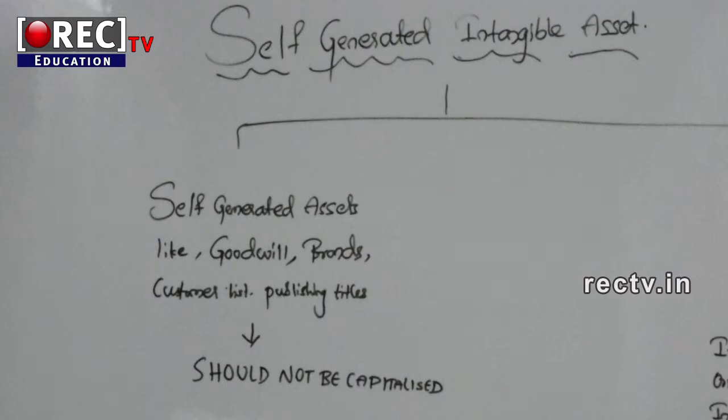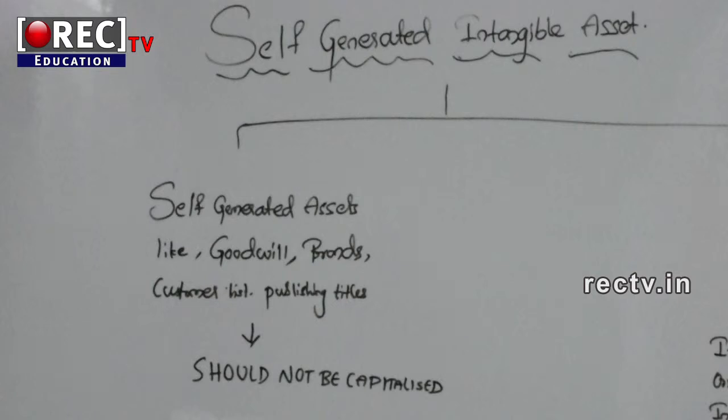It means whether the people are going to join that college or somewhere. There is a probable chance, meaning 50% chance, that students will join their colleges. Because of this, we say that a customer list is also an intangible asset, but we can't determine cost, so it should not be capitalized in the balance sheet.